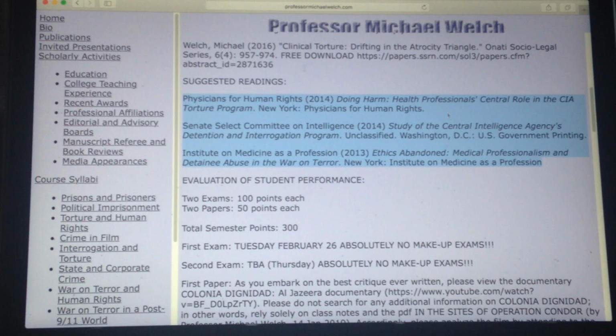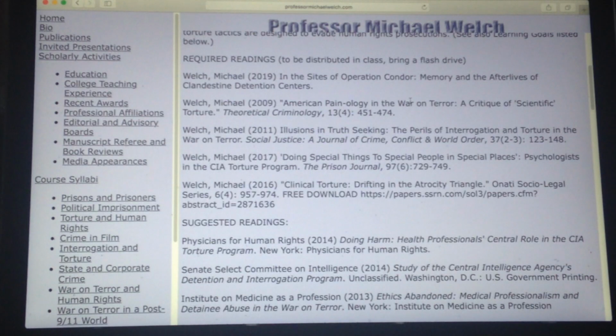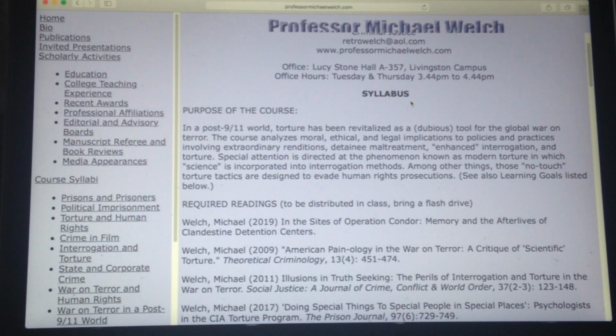I point that out here because I'm not the only one who has spent time reflecting on these developments. So that is this portion of the syllabus.